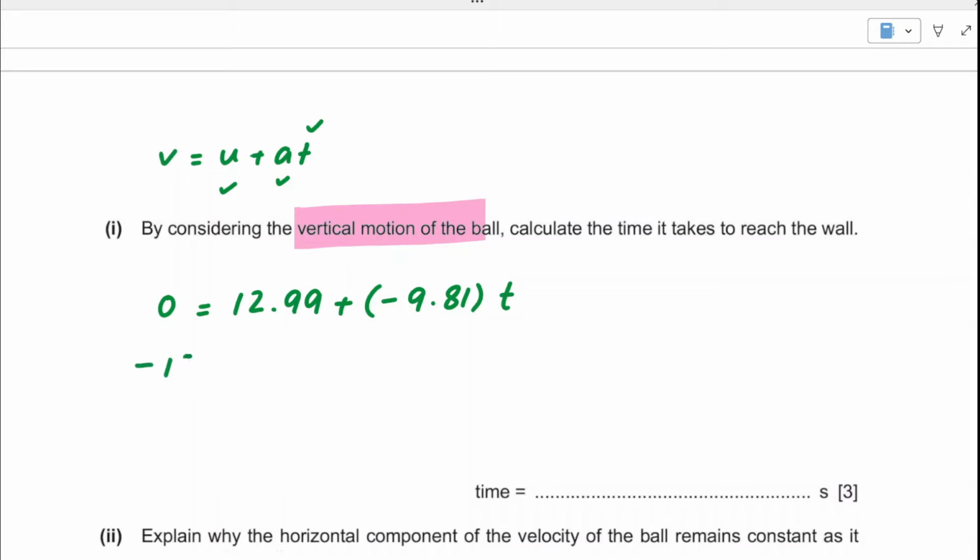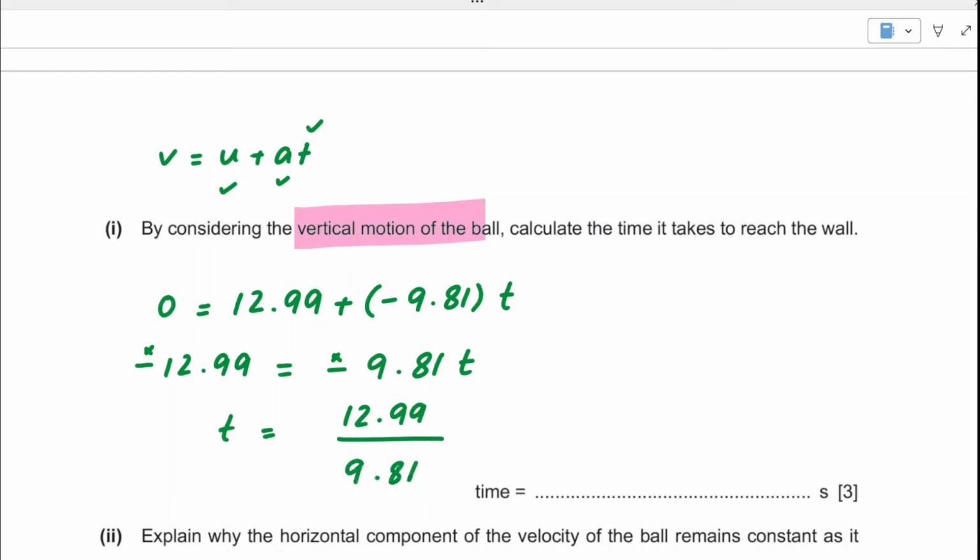I shift minus 12.99 on the other side, minus 9.81 times t. These two negative signs would be cancelled out, and t now equals 12.99 divided by 9.81.